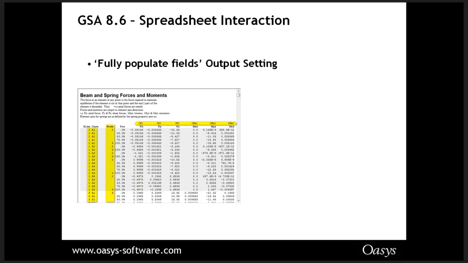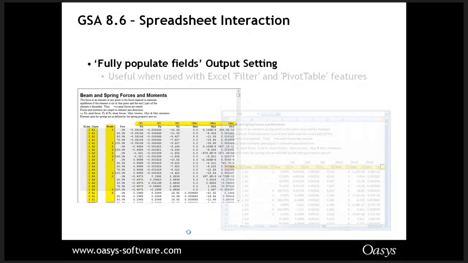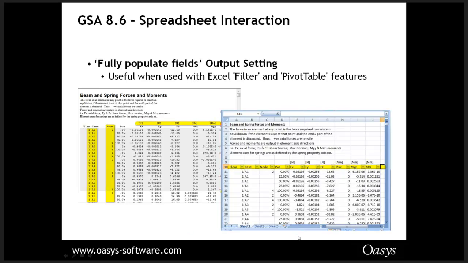And there's also a little tweak to where the units are displayed, which seems quite trivial, but when used to export data to a spreadsheet, suddenly it becomes quite useful that you've got all that data populated in the fields, and you can use the filter and pivot table features more conveniently.